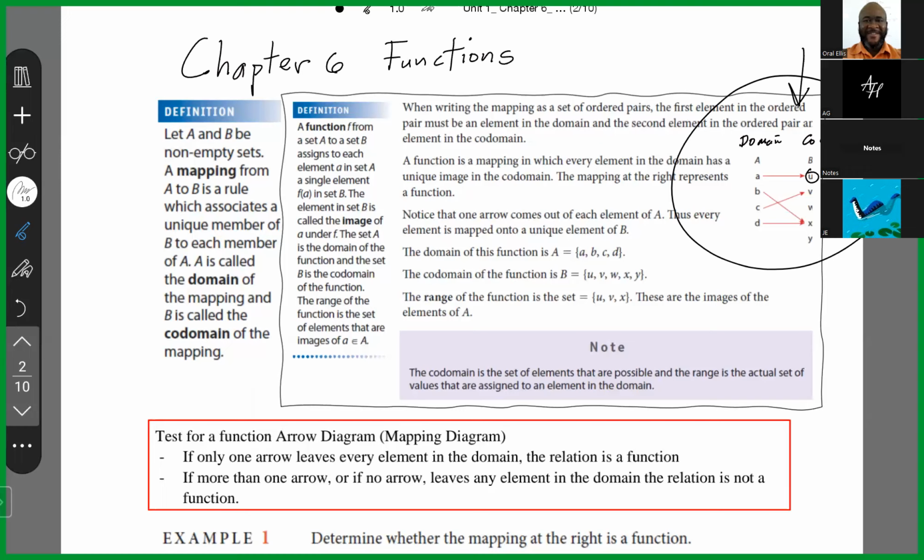So for example, all of B, which is U, V, W, X, and Y, all of B is the codomain, but only U, V, and X form the range.